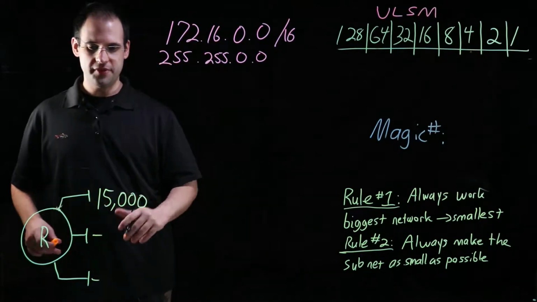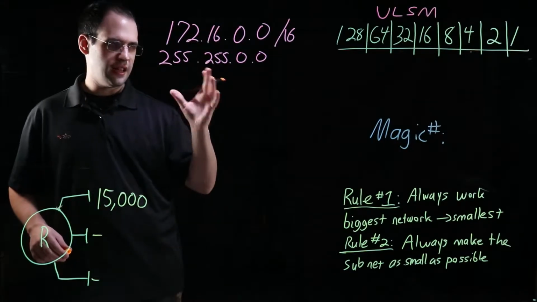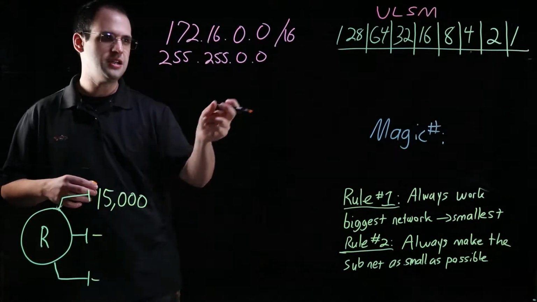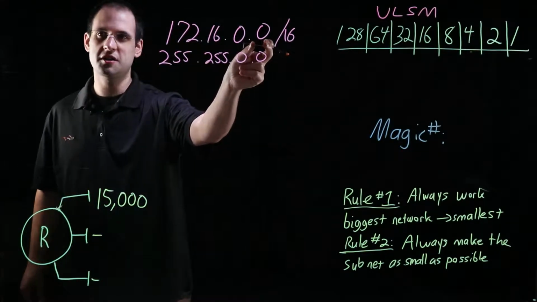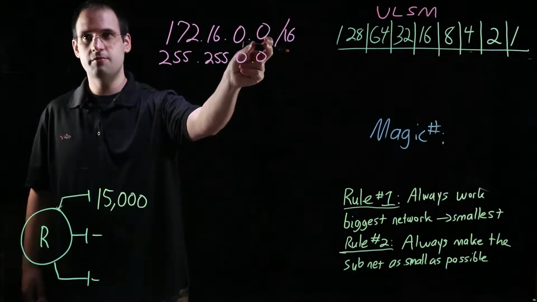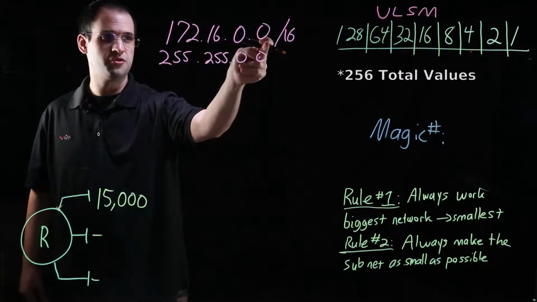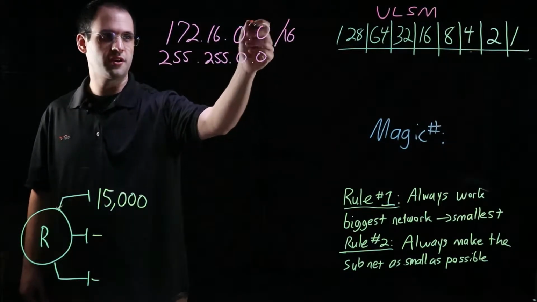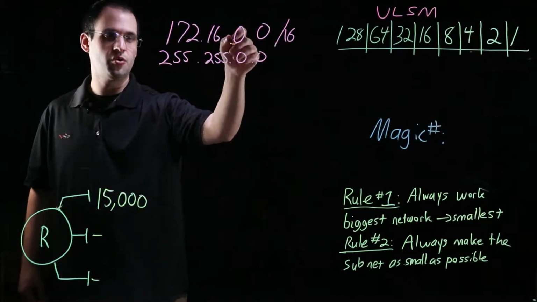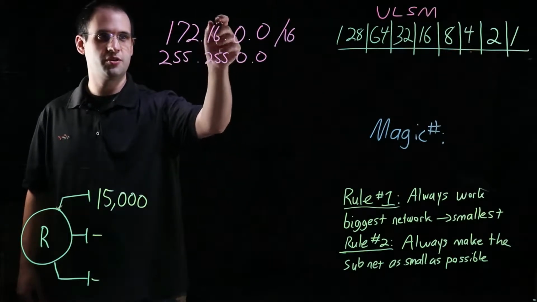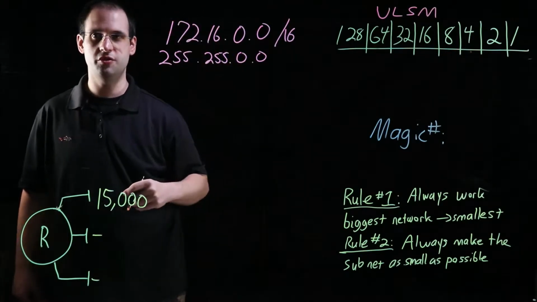What we do know is that in a Class C network, each octet can only hold a maximum of 255 total values. So I can only go from 0 to 255 in this octet, and this one can only go 0 to 255, and so on.